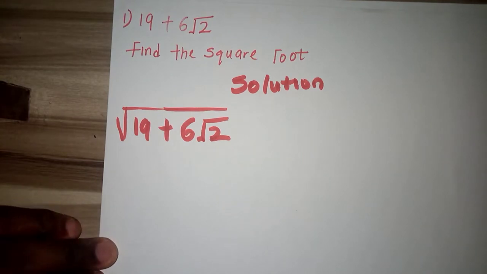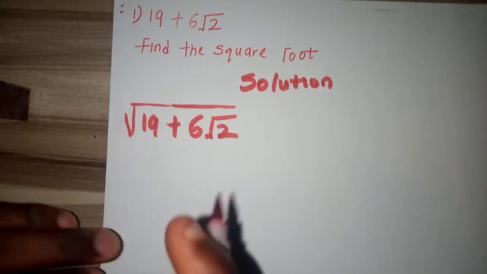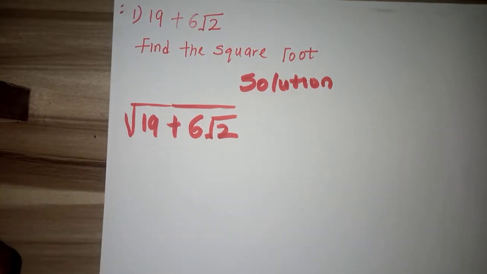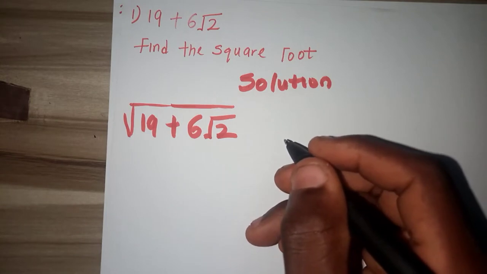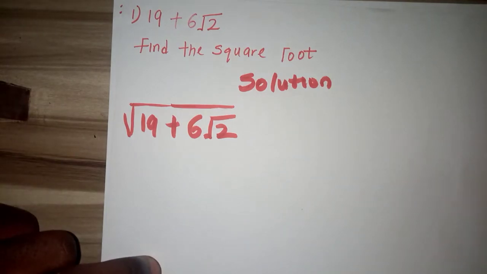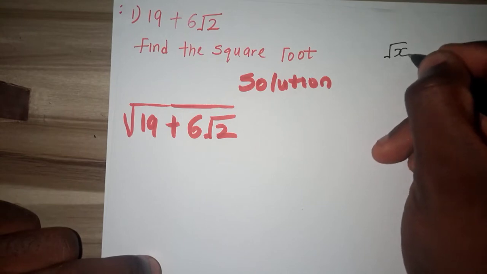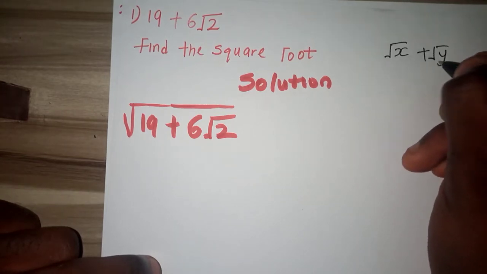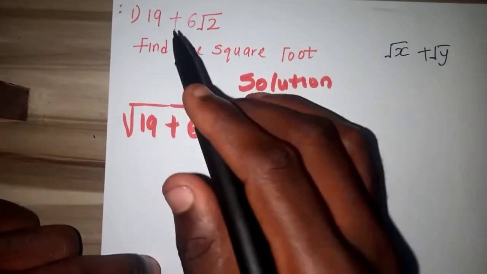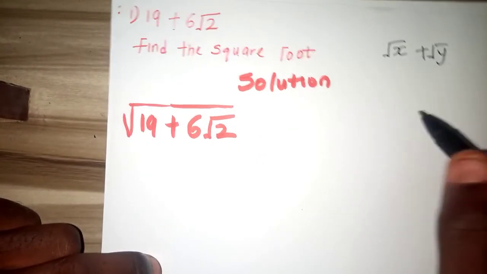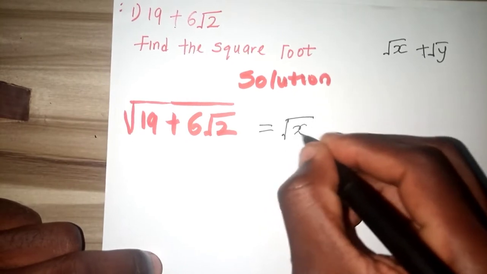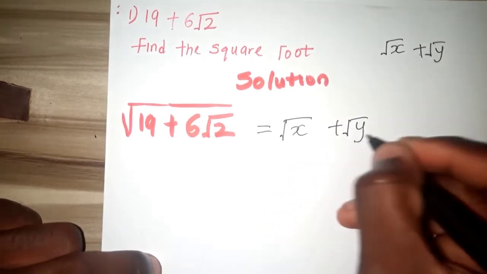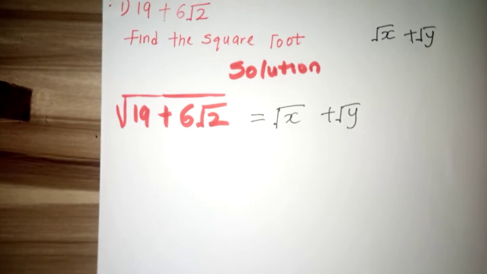Every square root of a surd will always be in the form root x plus root y if the sign is positive. If it is negative, you can use another approach. So we'll be using this case, where we want to represent our number in the form of root x plus root y.